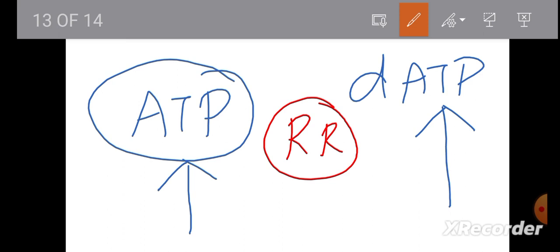It will then not bind to ribonucleotides, and hence nucleotide synthesis will be blocked. This is a very good example of allosteric inhibition, right?